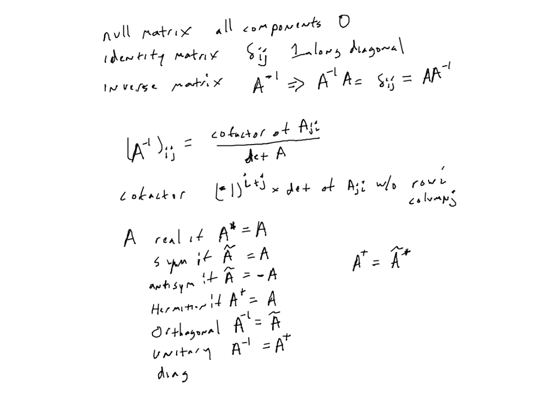And then, of course, you have diagonal. Diagonal basically means that Aij is equal to 0 if i is not equal to j. And remember that the transpose comes from when you take Aij and you turn it into Aji.